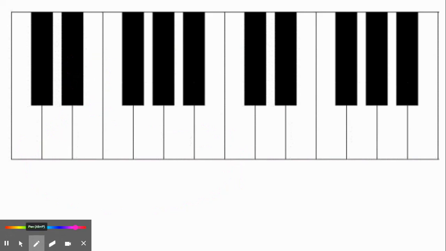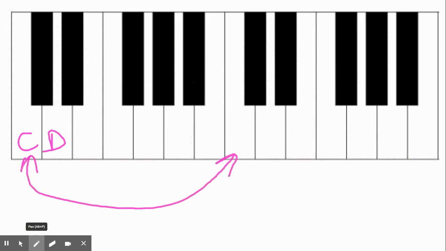Let's look at a major second. C to D is a major second. If we take this C and flip it up here and invert the interval and make D our new root, it becomes a minor seventh.